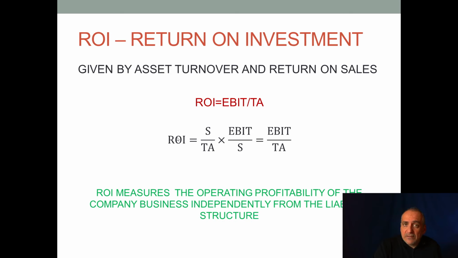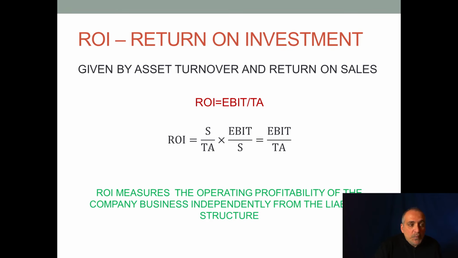One is heavily indebted and the other instead has a very solid equity base. The analysis of the operations of the companies, if you stop at EBIT, allows you basically to avoid the effect of the different degree of indebtedness, so the different amount of debt and interest that the two companies have.